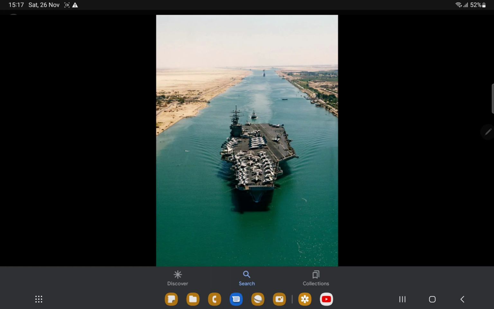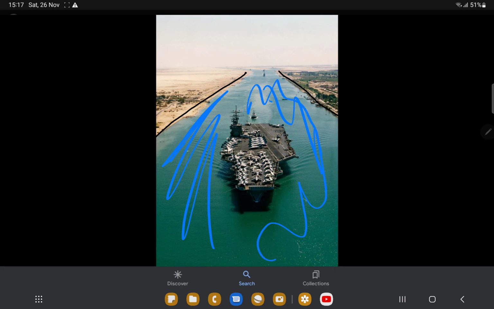So children, if you just see, the canal will be something like this. Here you can see land is there. Here land is there. Here you have all water. This is all water. You can just see, right?